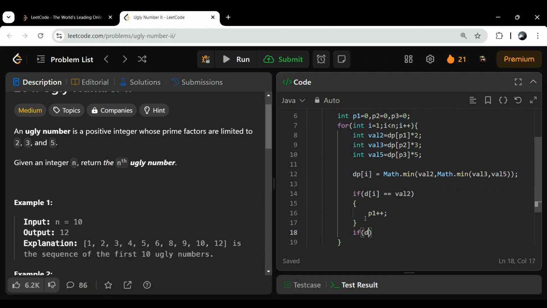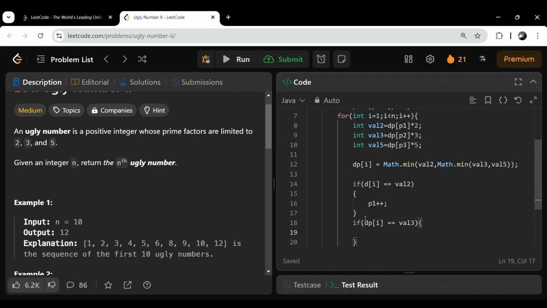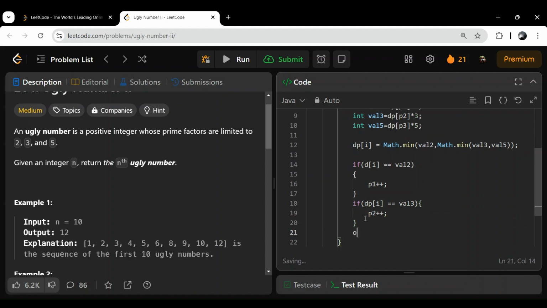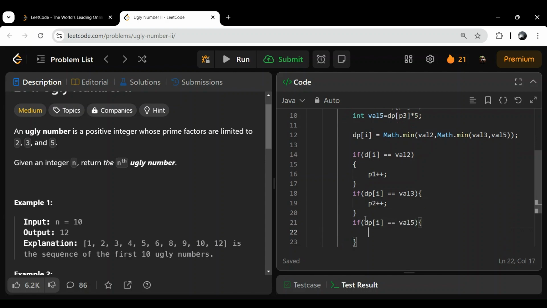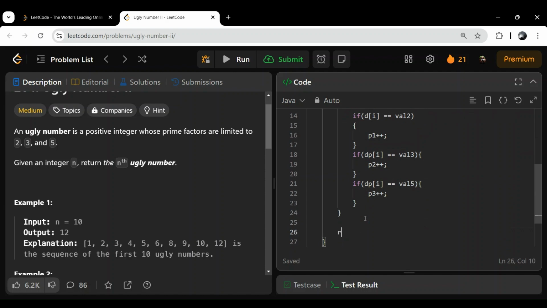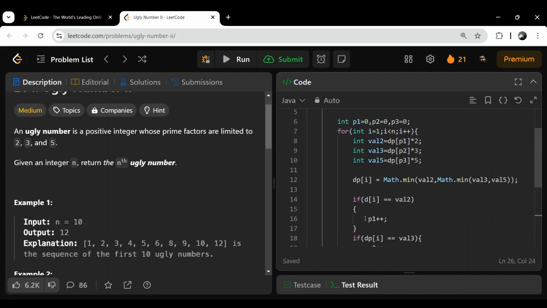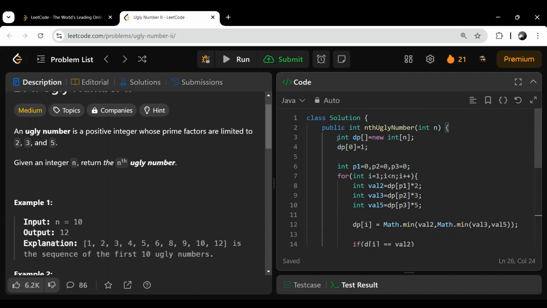If dp of i is equal to val3, then p2 plus plus. If dp of i is equal to val5, then p3 plus plus. At the end we have to return dp of n minus 1.